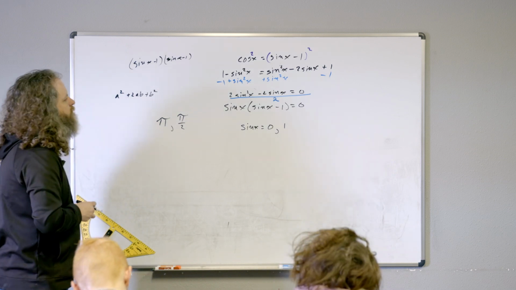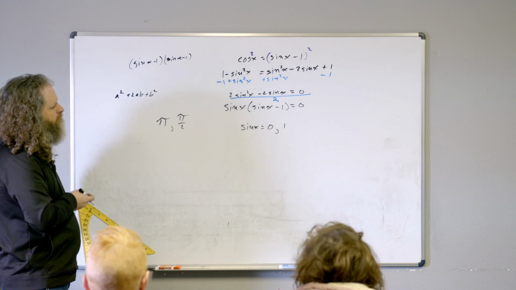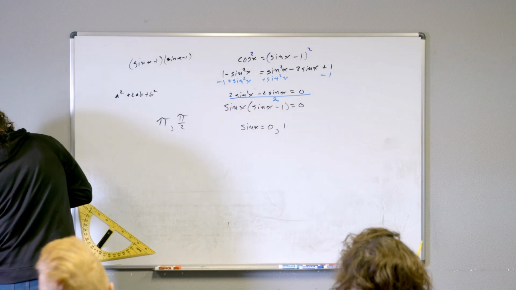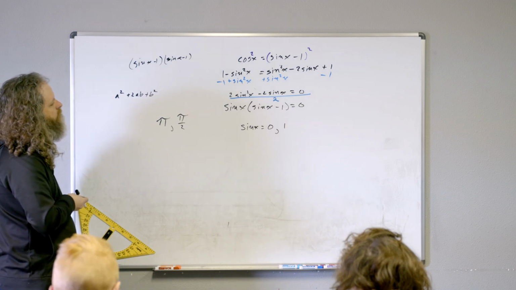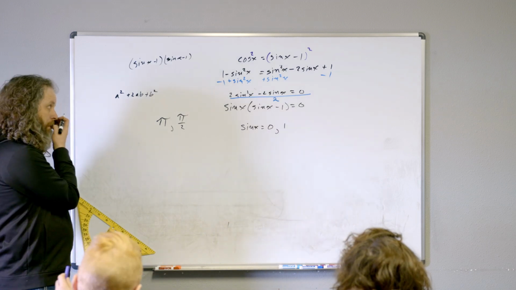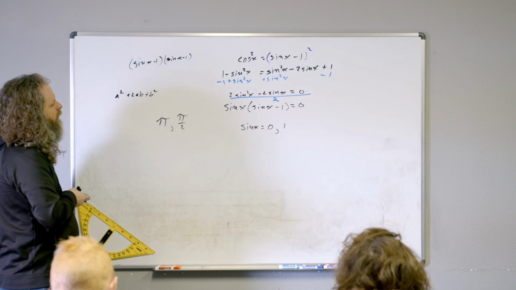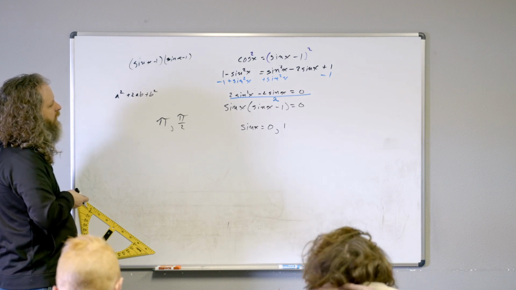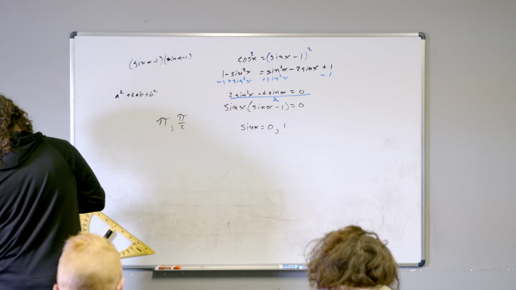I know you just said it, when we divided it by 2, to get rid of the 2's. Where is sine 0? Oh, 0. Yeah, it is at 0.